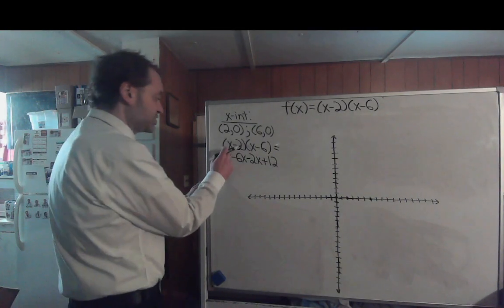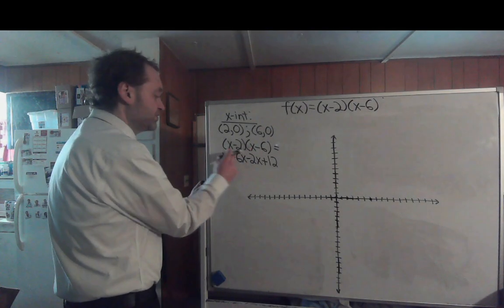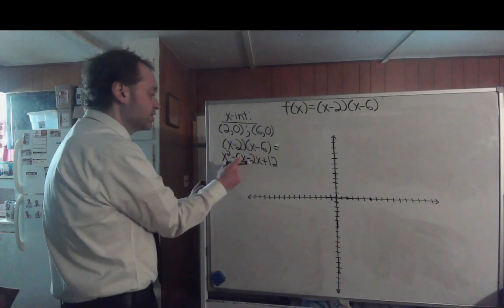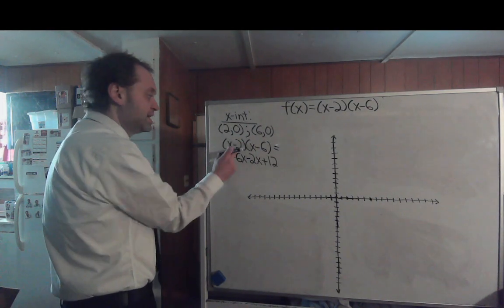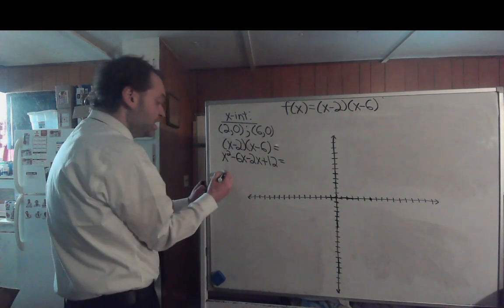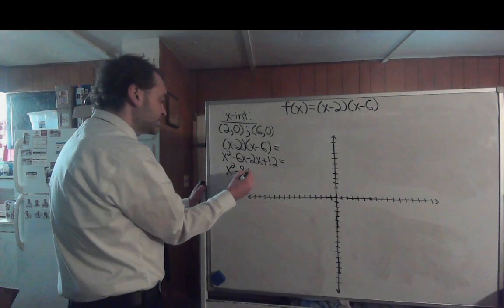So you would get x squared first, plus the product of your outer, so x times negative 6, plus the product of your inner, negative 2 times x, plus the product of your last, negative 2 times negative 6, plus 12. You would then end up getting x squared minus 8x plus 12.